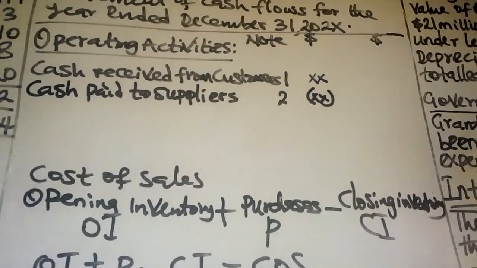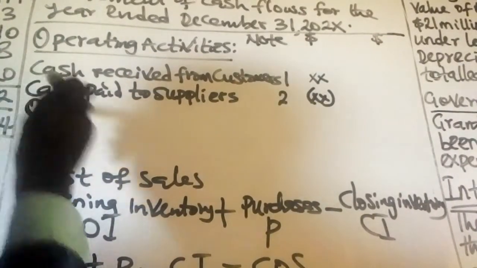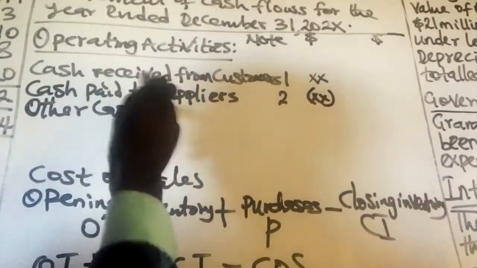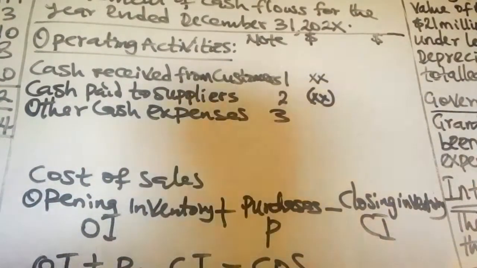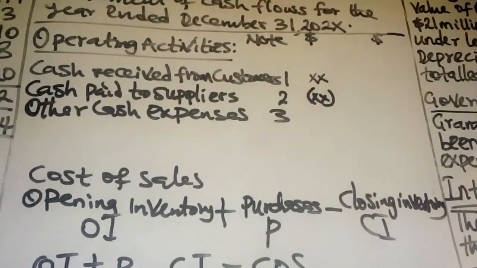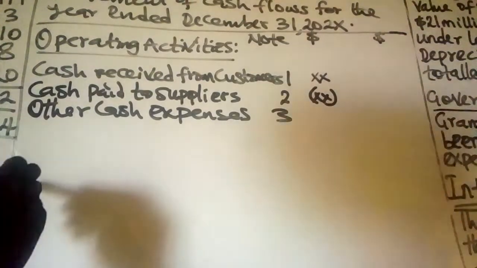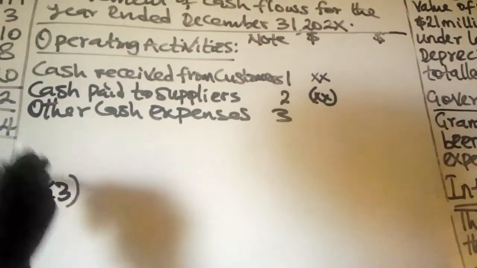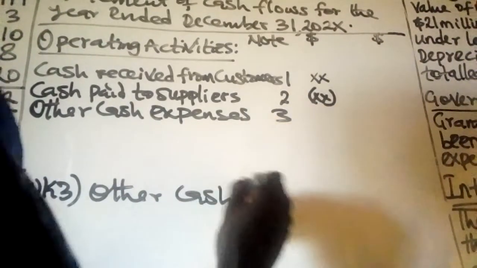Then the third item I'm going to look at is other cash expenses. Let me have that to be note 3. Other cash expenses. You are going to work it out as well. Note 3, and that is other cash expense.